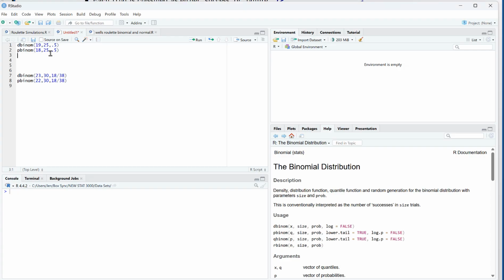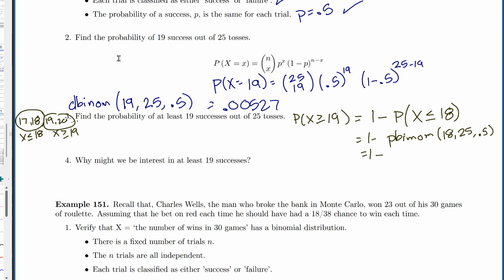So I run p-binom of 18, 25, 0.5. I get 0.9926. So 1 minus 0.9926 gives me 0.0074. So that was the chance of getting at least 19 out of 25 successes.